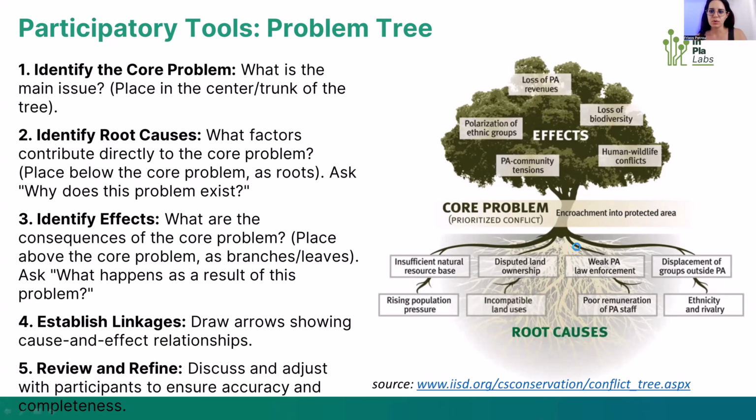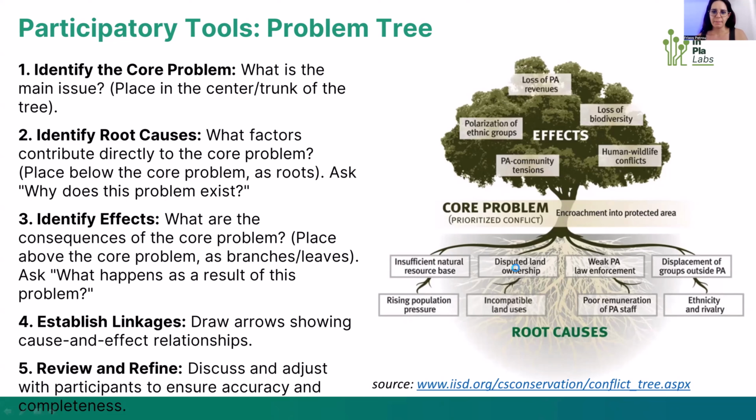At the roots, we do a brainstorming activity, and we put the different root causes that we think are related to our core problem. Then we move forward to the effects and write down the consequences of this core problem.